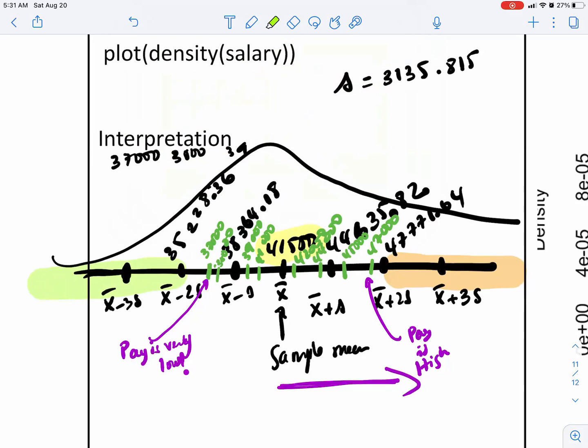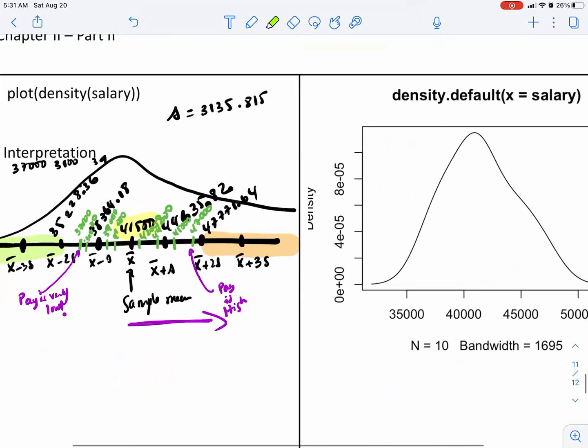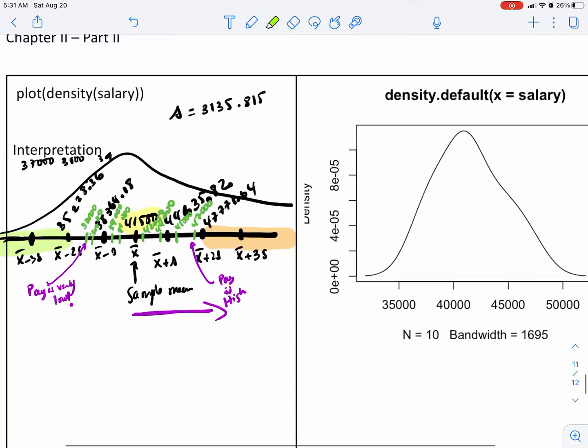And I'm glad that you guys were able to see what I just did. All right, so see what happened here. You can imagine, this is what I just did, see? This is just what I just did. This is around the 41,500, we best believe it. This is around there. This is around that.